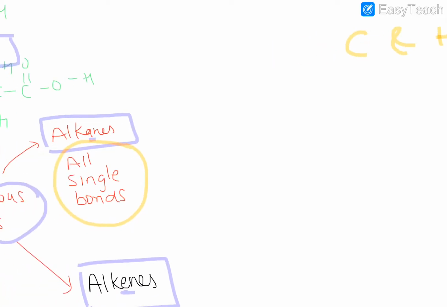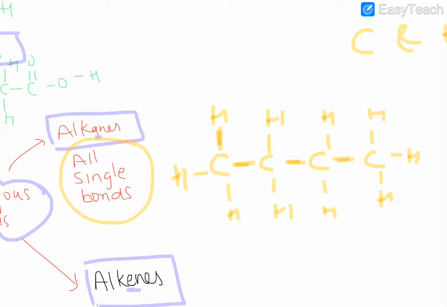So in an alkane, there's just going to be single bonds everywhere between the carbons, between carbon and hydrogen. Definitely between carbon and hydrogen, there's always going to be one bond. But carbon-carbon can form double bonds. But if it is an alkane, you'll find only single bonds everywhere. So all single bonds.